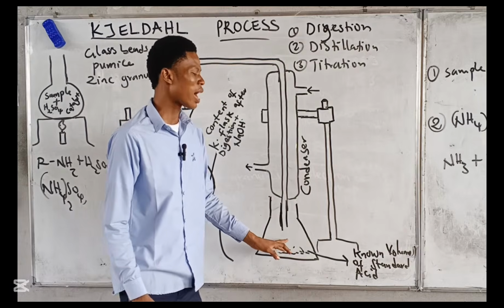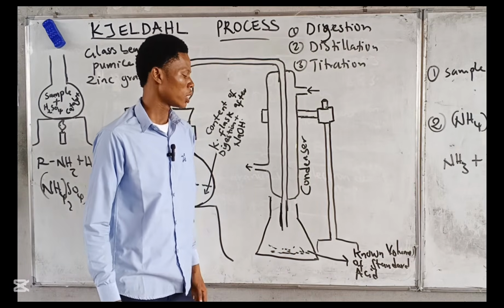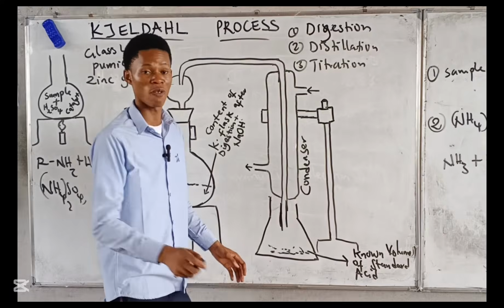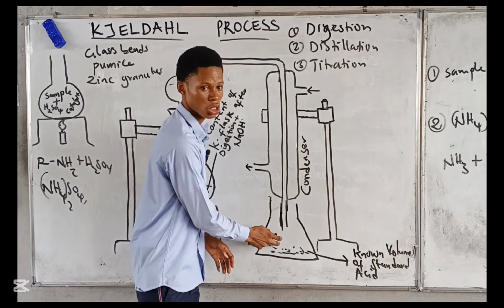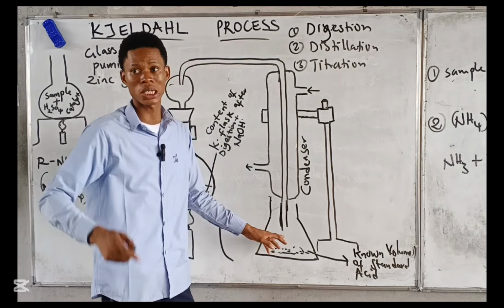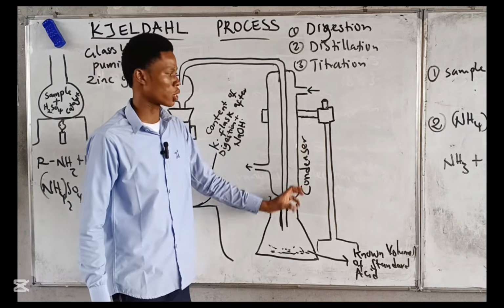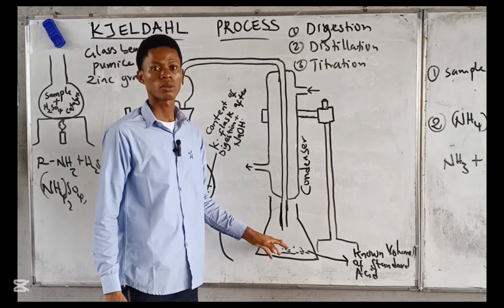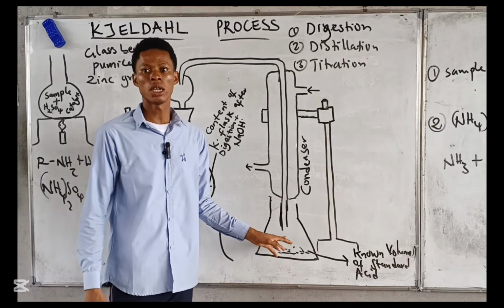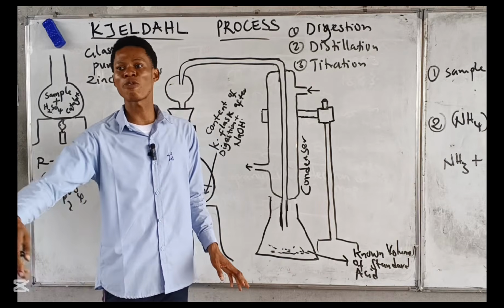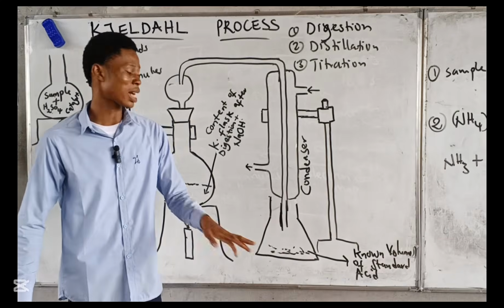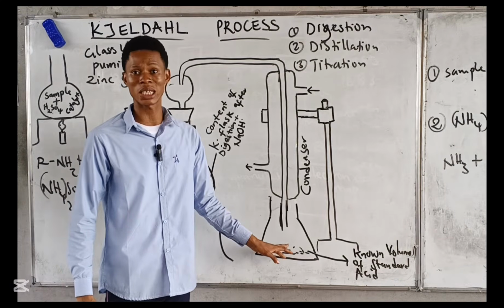But here, you had a known volume of standard acid. So you knew the volume of the boric acid you use here. But you add excess, so that when the ammonia comes and reacts with the boric acid, we still have unreacted boric acid, because the boric acid we put here is in excess, right?